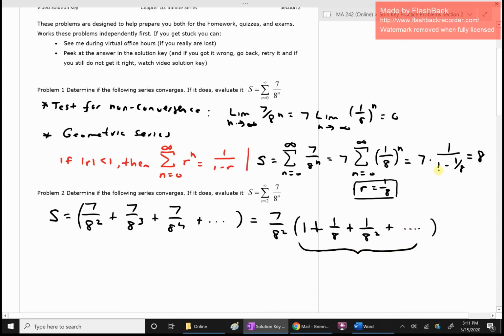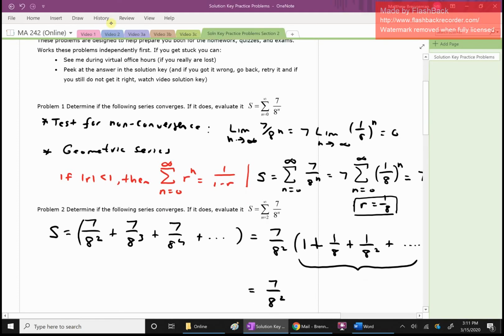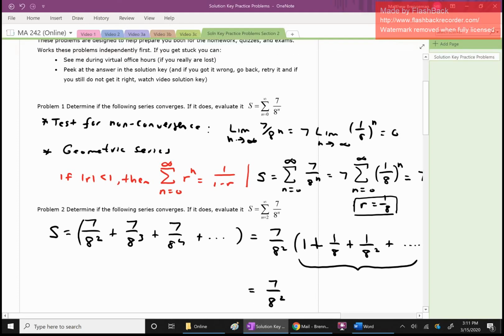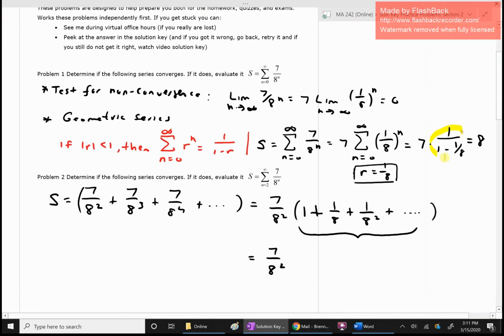So if we look at what we had before, this evaluates to 8 over 7. And let me be really explicit about this. This portion right here, I had 1 over 7/8, and when I flipped it, it was 8/7.